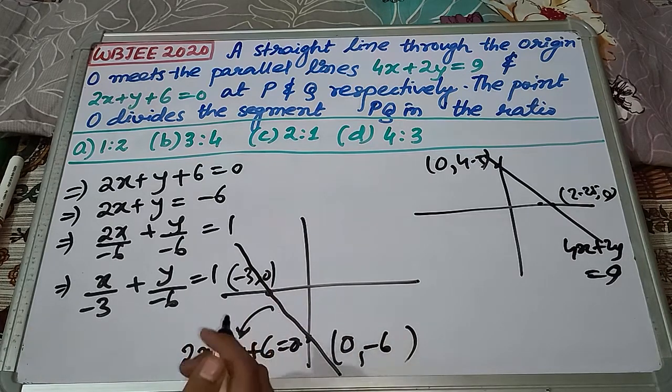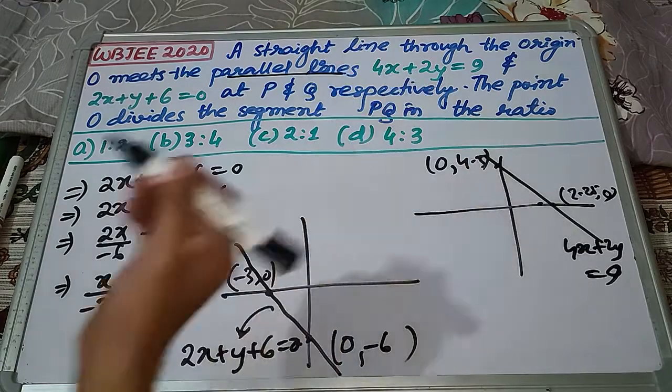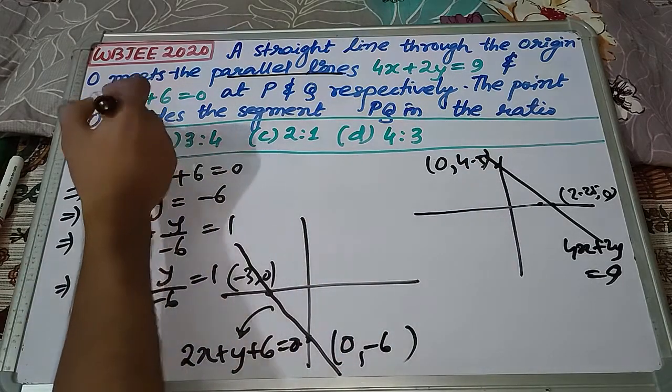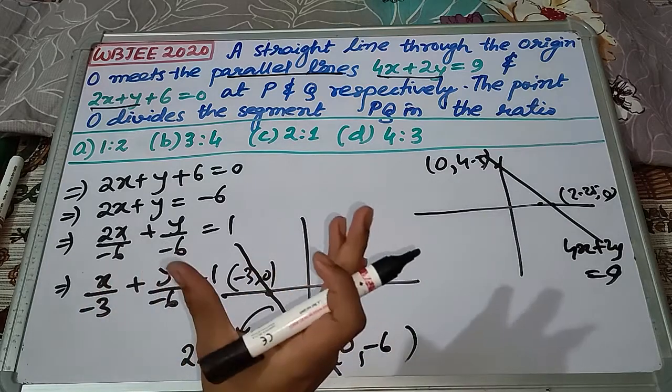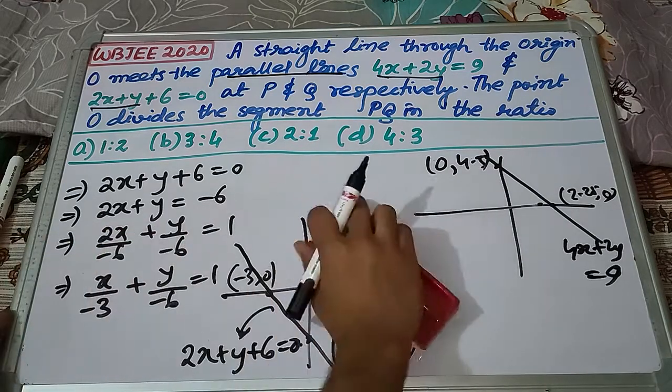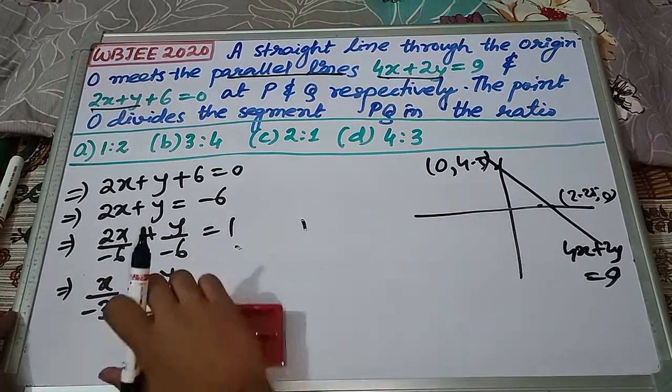And both these lines are parallel. It is also given in the question, and you can also verify it by checking the ratio of x and y coefficients. Now let us draw both the lines together to better understand the question.